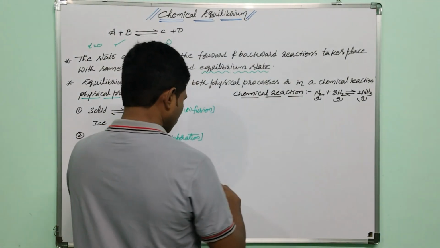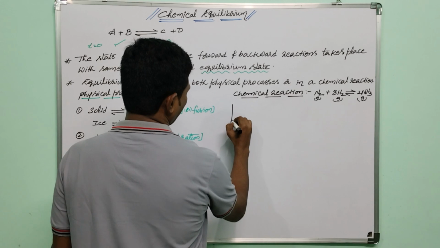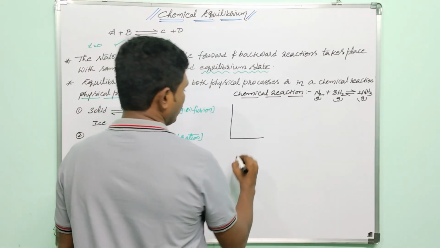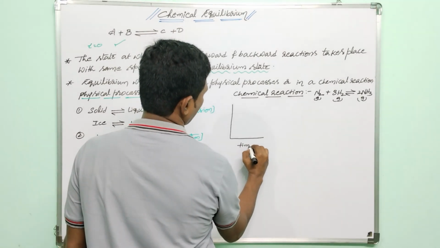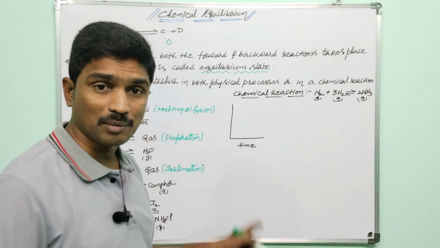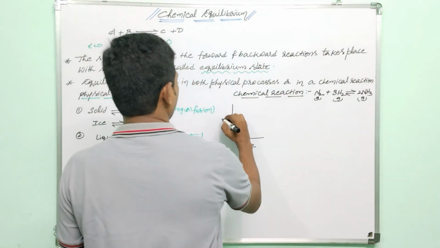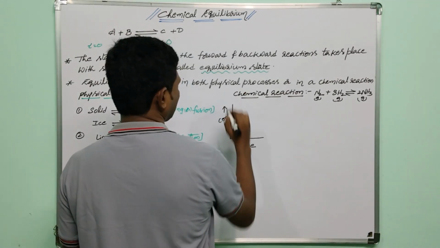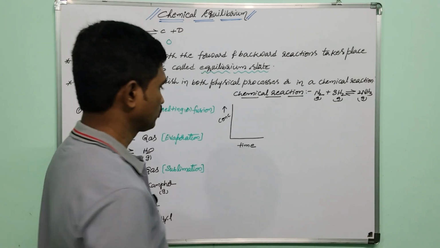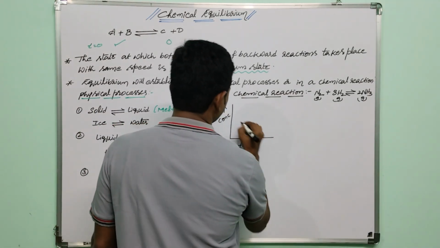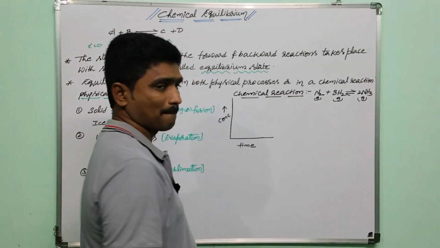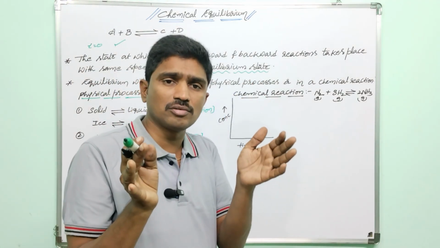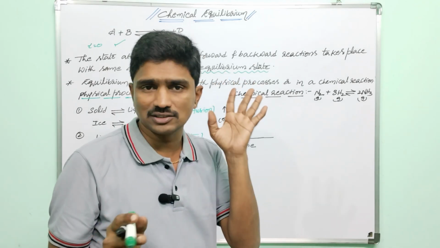So, see a graph. Time is taken along the x direction, and concentration of reactants and products along the y direction. Initially, in a reaction vessel, only reactants are present.